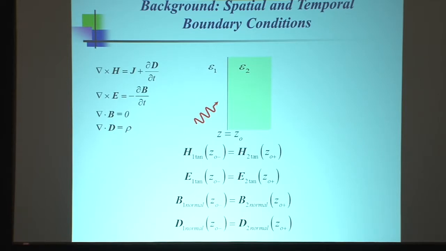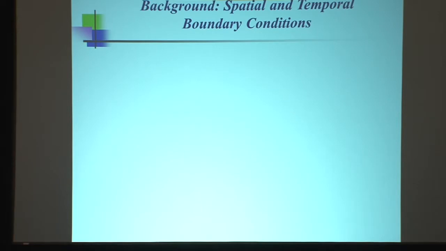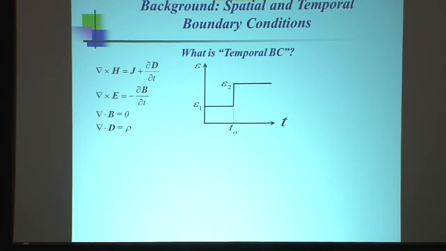By analogy, if I have a medium that is unbounded, and then at t equal to t naught, you rapidly change the permittivity, or permeability, or both, then we have to make sure that the temporal derivative in Maxwell's equations stays finite.